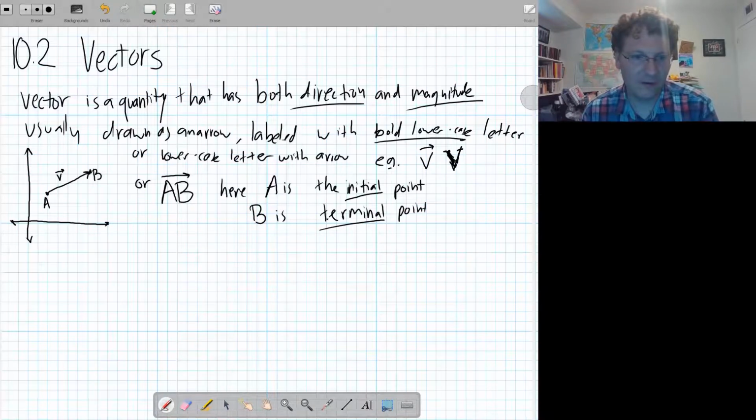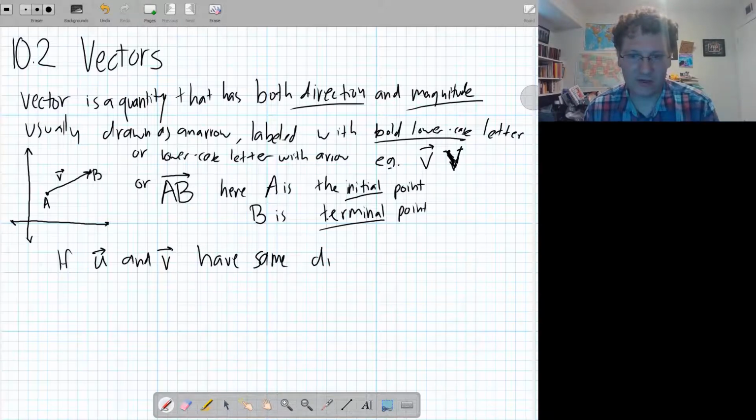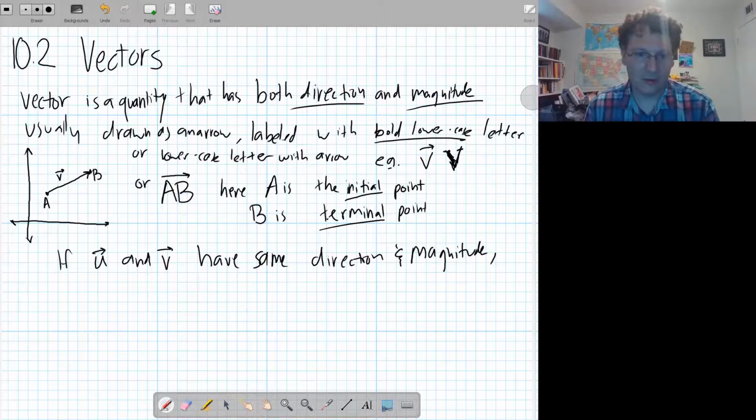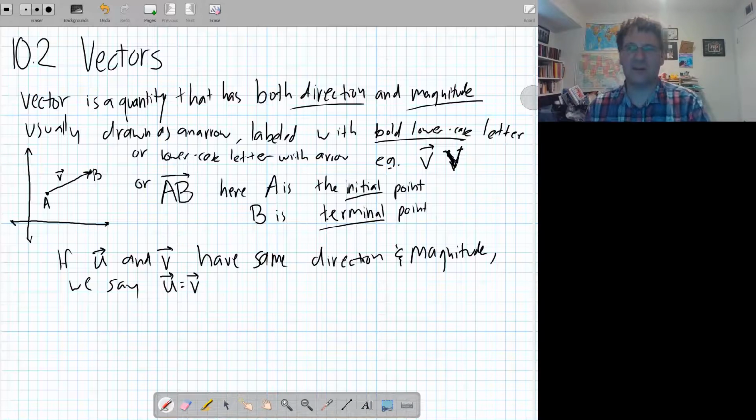So if vectors u and v have the same direction and magnitude, then we say u is equal to v. So vector equality relies only on direction and magnitude being equal.